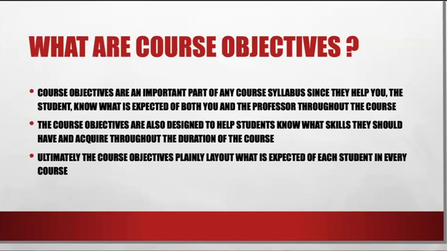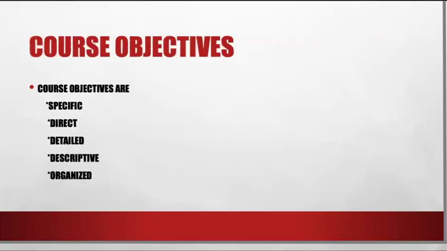If you know that at the beginning of the semester, then over the course of your studying, you're going to say, okay, I know that one of the things I'm going to be tested over is the distance formula, right? That's why you want to look at your syllabus, because in plain English, they have written out all those things, right? Course objectives should always be specific, direct, detailed, descriptive, and organized, right?